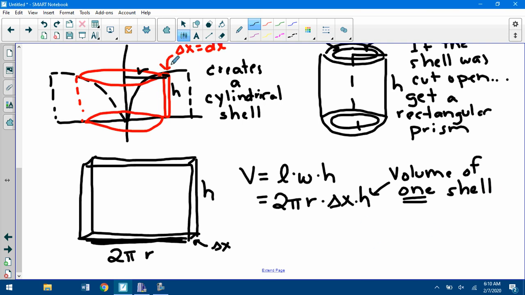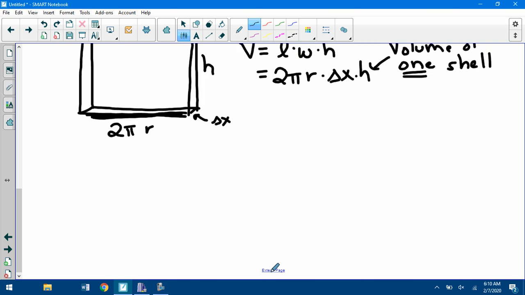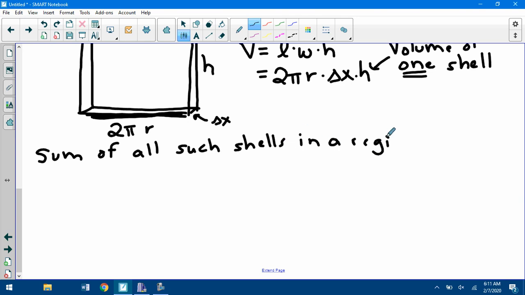But if I take all different rectangles throughout this and rotate them around, we'd have lots of different shells that we'd have to add up. So putting that all together, the sum of all such shells in a region, and as the limit is that delta x goes to 0, gives us an integral.